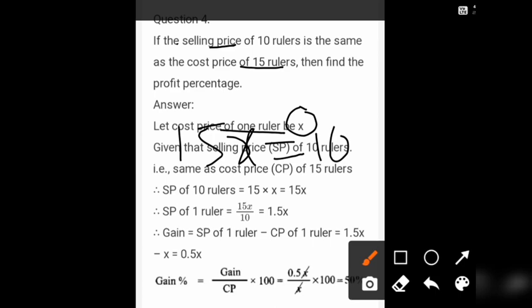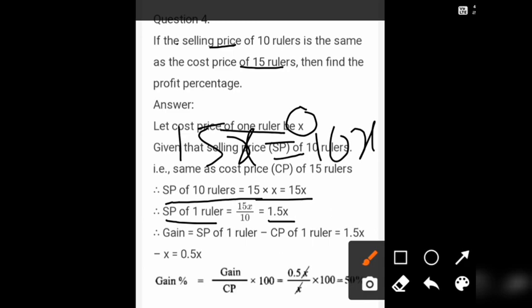Here given, the selling price of 10 rulers is nothing but 15x. Selling price of 1 ruler is 15x divided by 10.